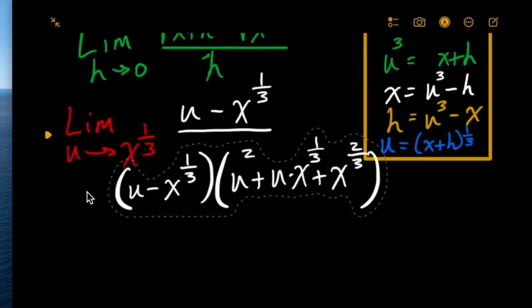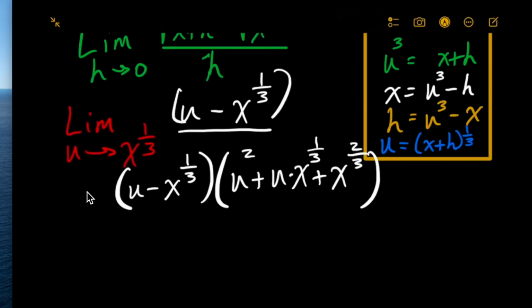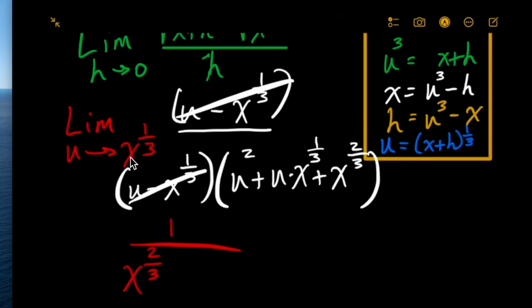And what do you notice about the numerator and the denominator? They cancel. So now, folks, all we need to do is plug in u equals x to the 1/3 right in here. So we have 1 over u squared, which is x to the 1/3 squared, which is x to the 2/3, plus x to the 1/3 times x to the 1/3.